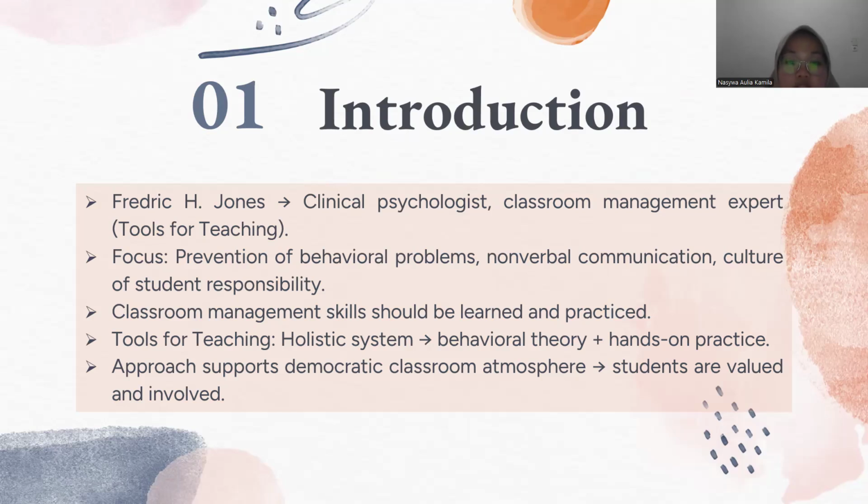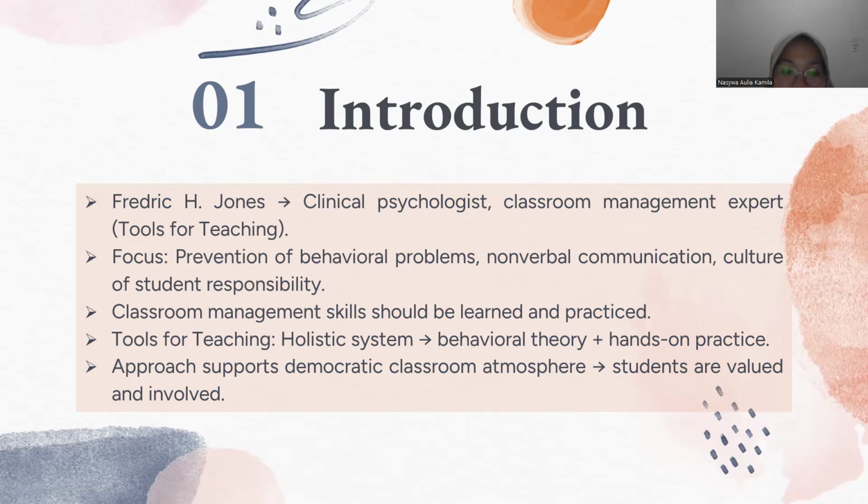And later, he developed strong ideas about classroom management based on his experiences. He believed that classroom management is not just about giving punishments or enforcing strict rules. Instead, it should focus on preventing problems before they happen.